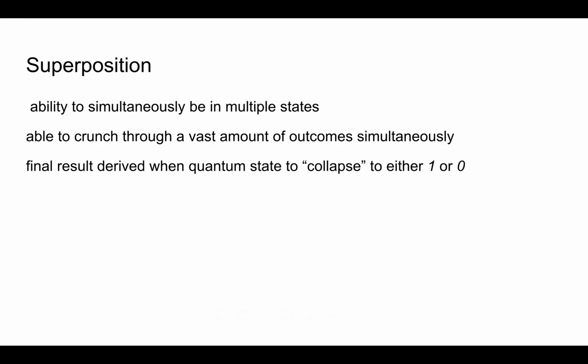Water waves also collide and become superimposed with each other. Superposition helps quantum algorithms become very fast because it allows a vast number of outcomes to be evaluated simultaneously, but the final result is only derived when the quantum state collapses to either 0 or 1.